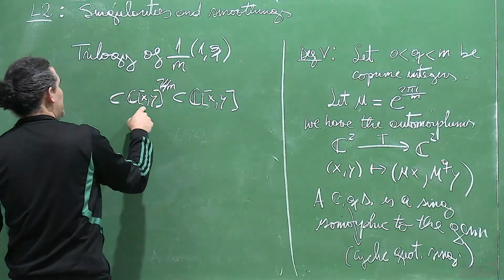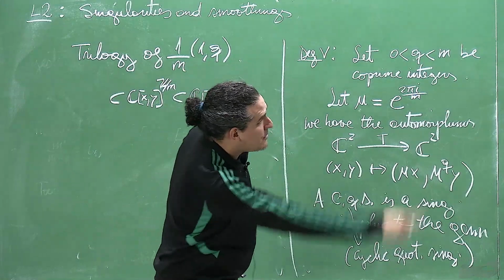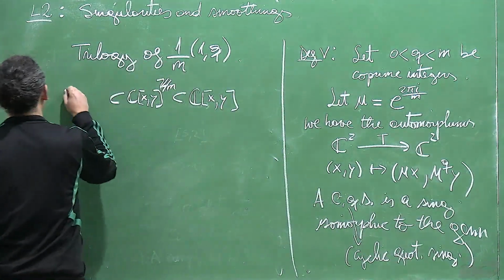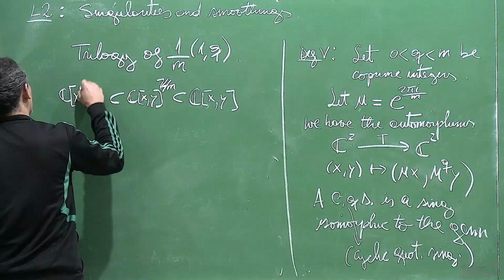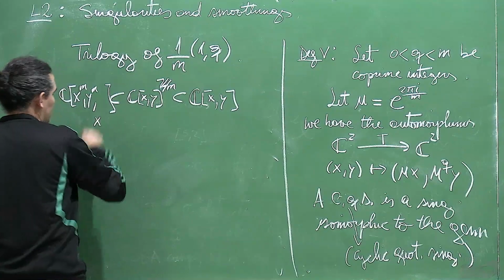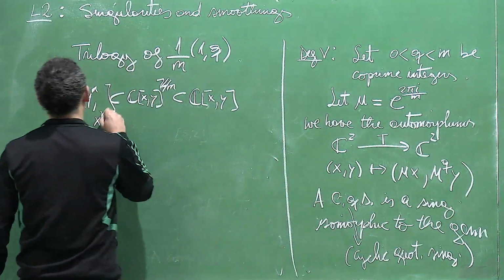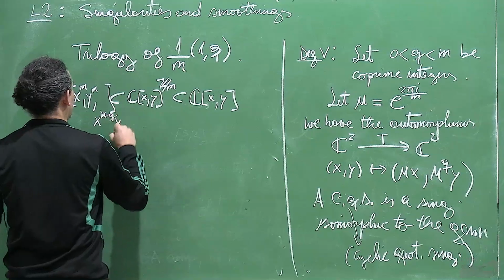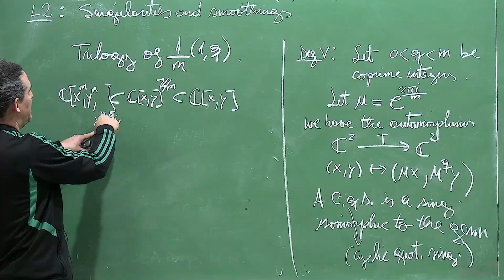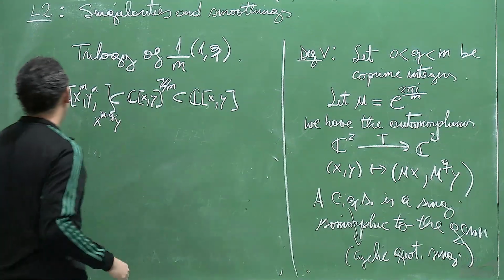But here, independently of q, you always have those invariants: x^m, y^m, and this is always there, x^q times y^(m-q). If you plug in, you see mu^(m-q) and then mu^q, so they cancel. So you get an invariant.